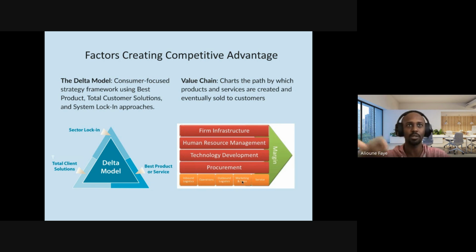Obviously, the sales and marketing adds value to it because you're spending stuff on it. And then the service is, if something happens to your shoes, or okay, maybe the shoes, no, but if something happens and you call customer service, that's another value chain. And so each step adds more cost to obviously your product or service.